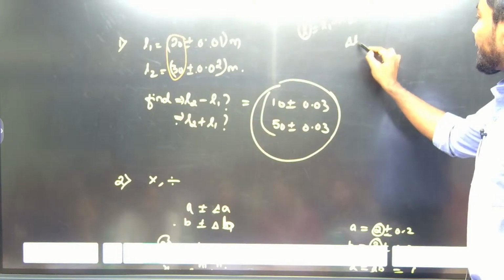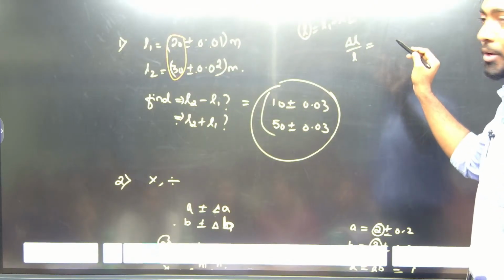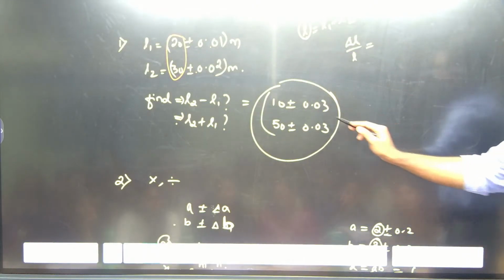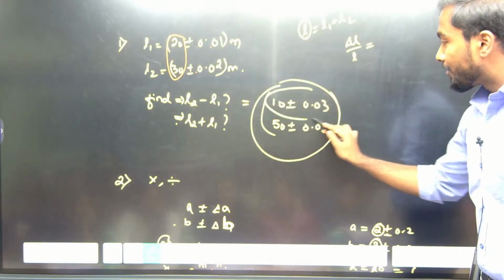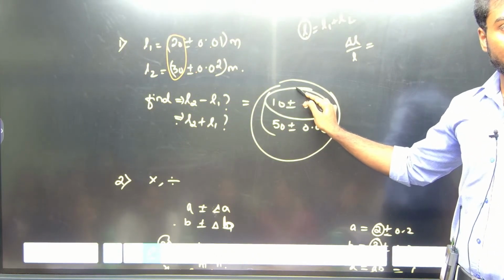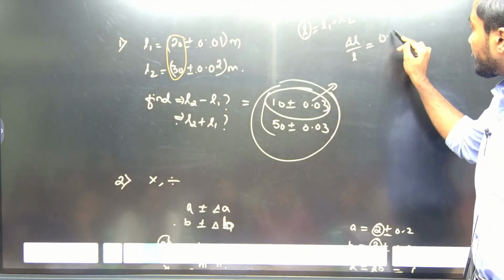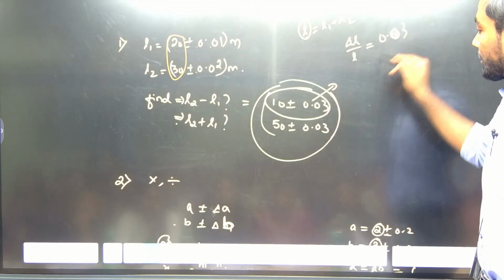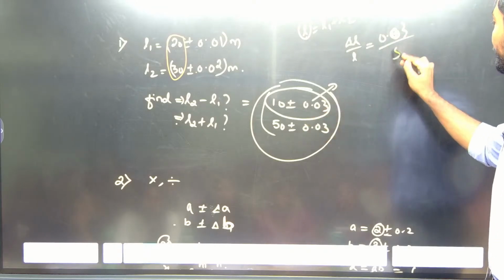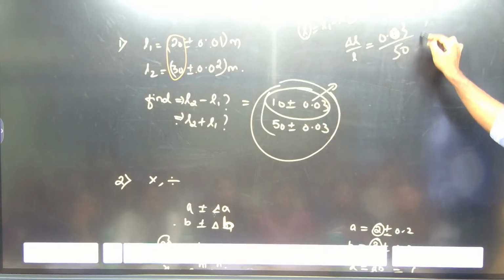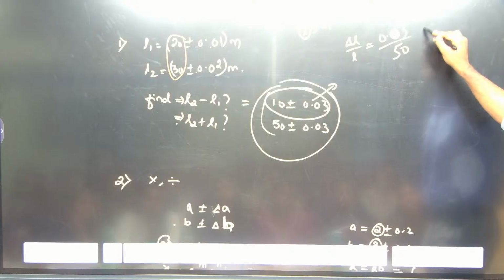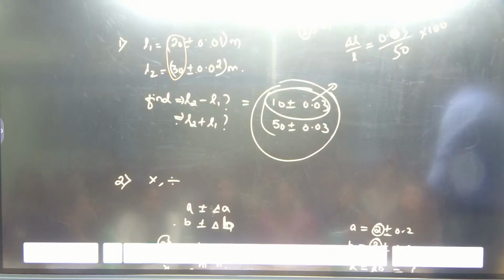So delta L by L will be equal to, we got the total value, no? What is delta L? 0.03, plus we are doing, no? So divide by 50, that's it, into 100. Not getting the point?